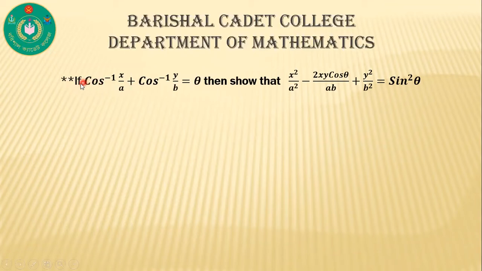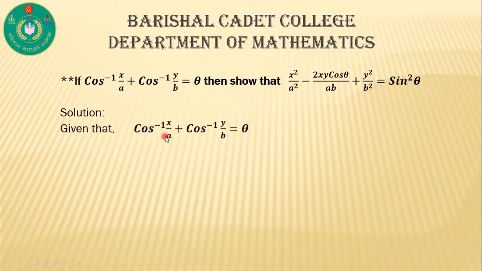Here given that if cos inverse x by a plus cos inverse y by b equal to theta, then show that x square by a square minus 2xy cos theta by ab plus y square by b square is equal to sin square theta. Solution. Given that cos inverse x by a plus cos inverse y by b equal to theta.